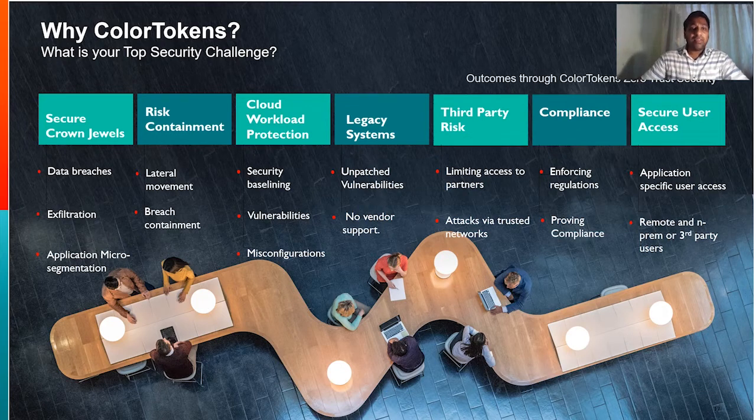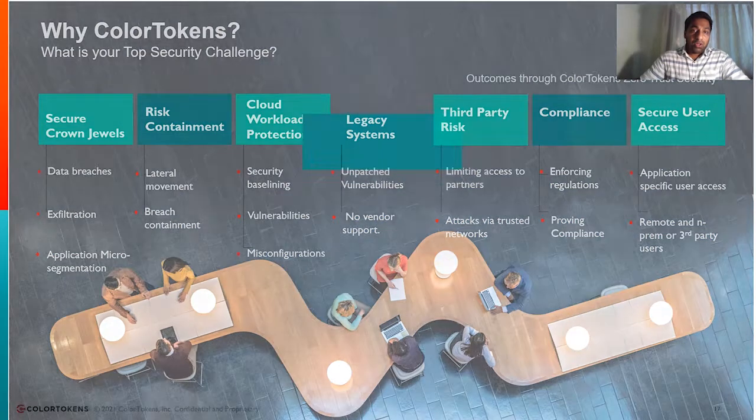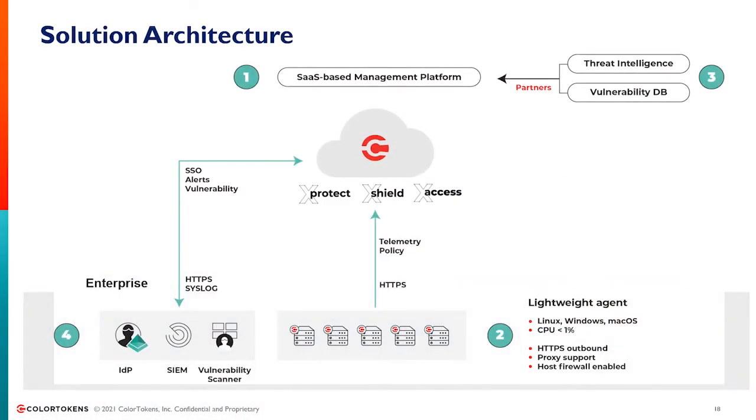Now we will discuss how the solution architecture works in the ColorToken product. As I explained, ColorToken is a software as a service based platform. The management platform is hosted in the cloud, and then we have our different server instances on premise or hosted within the public cloud.